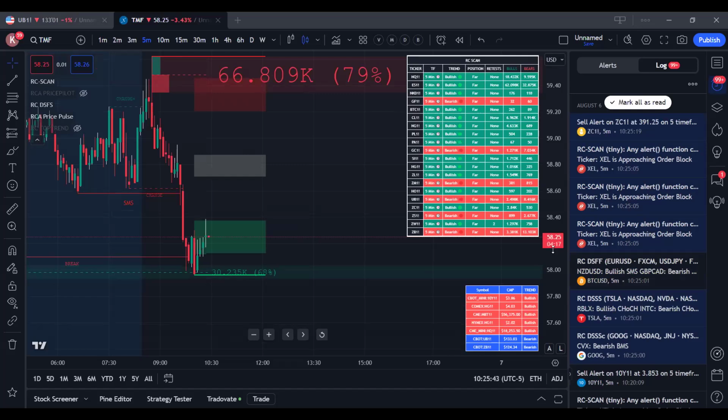So for example, you are watching the UB chart or TMF chart, right? And you see a strong setup, right?